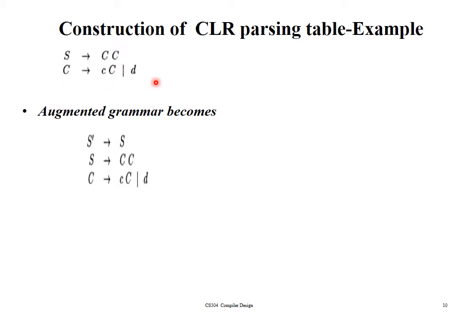As the first step, similar to the SLR1 parsing table, in the CLR parsing table also we have to construct the augmented grammar. We can augment the grammar by adding the production S dash gives S, where S is the start symbol. So this is the new augmented grammar.